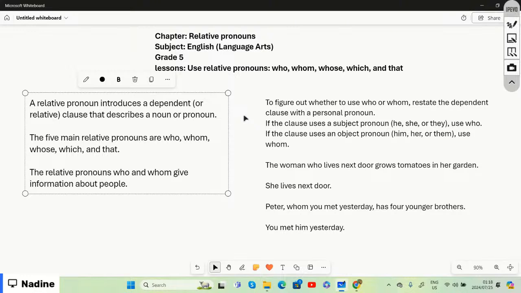And if we look at some examples, we can say: the woman who lives next door grows tomatoes in her garden. So the woman, we can even say she. There we have the word who within that sentence, and the subject is the woman.